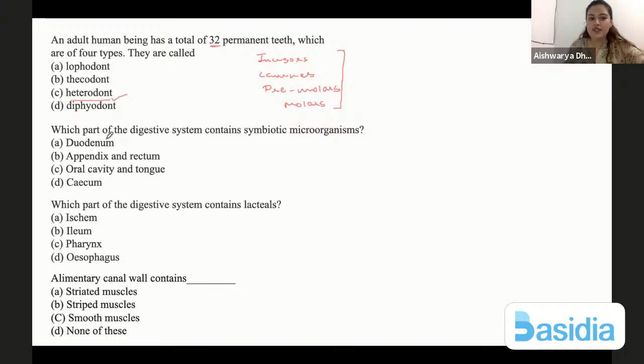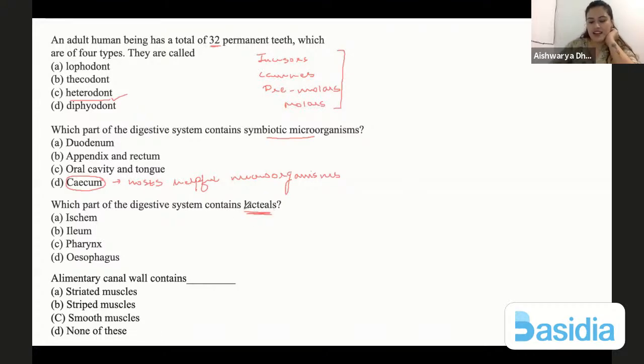Okay. Next question: which part of the digestive system contains symbiotic microorganisms? We just did this. The cecum hosts helpful microorganisms. So this will be the correct answer. Moving forward, which part of the digestive system contains the lacteals?